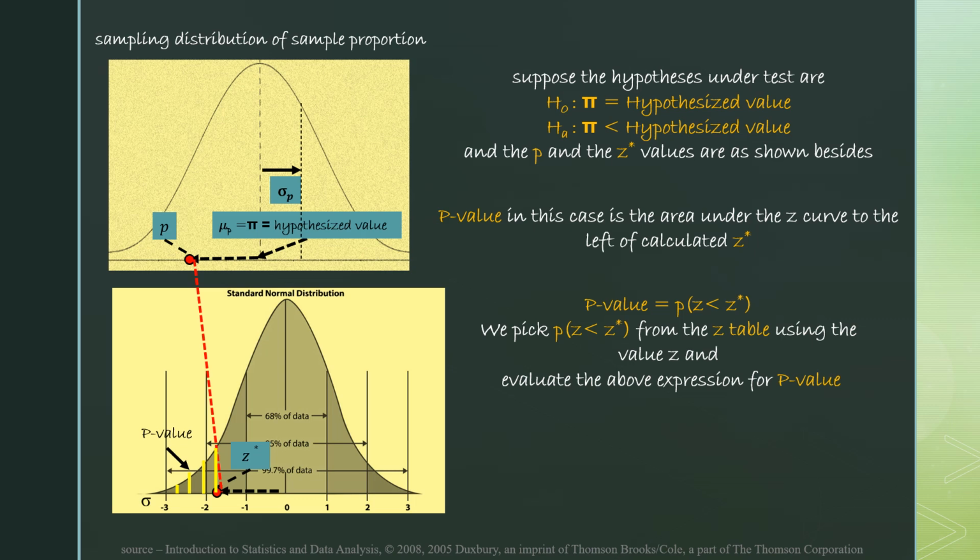P-value equals the probability of z taking a value less than z star. We pick the probability of z taking a value less than z star from the z table using the value of z and evaluate the expression for the p-value. If the p-value is greater than alpha, then H0 is not rejected. Else if the p-value is less than or equal to alpha, then H0 is rejected.